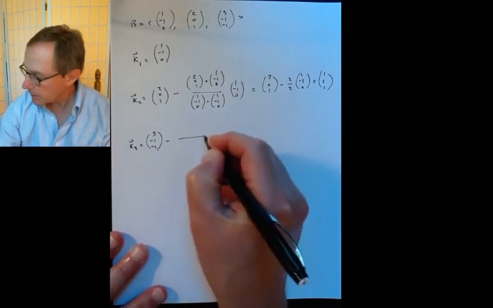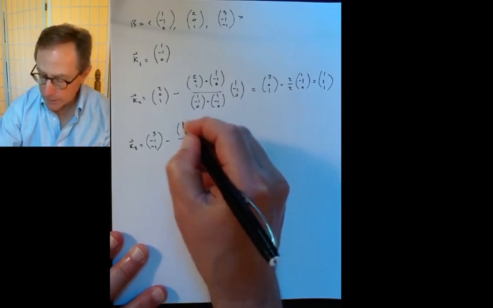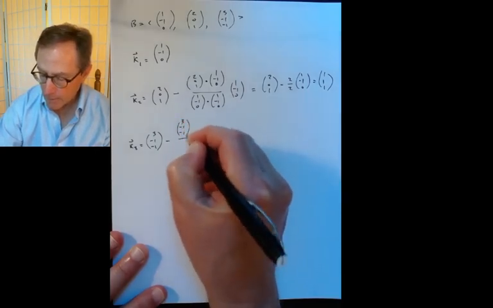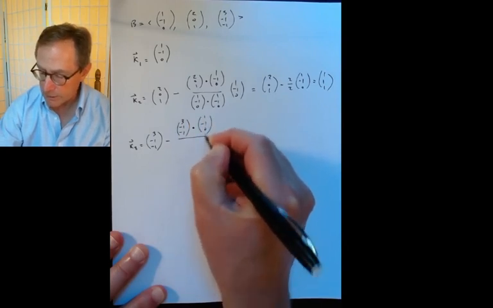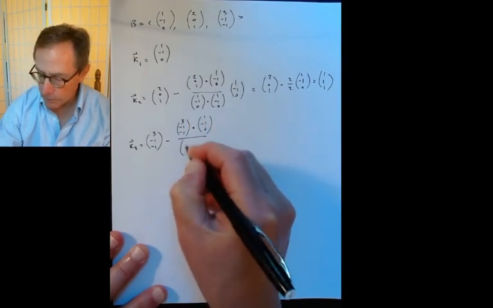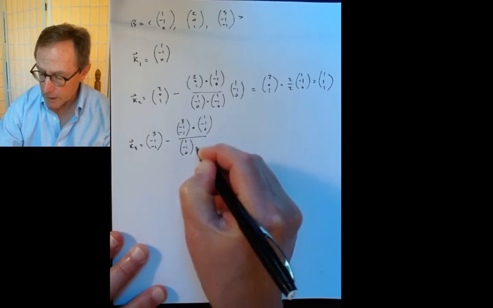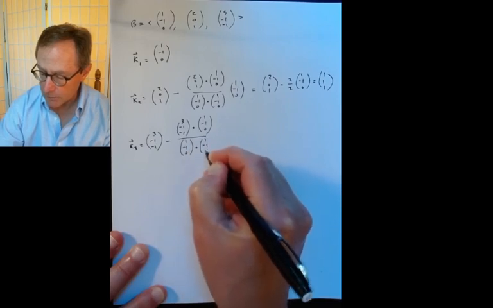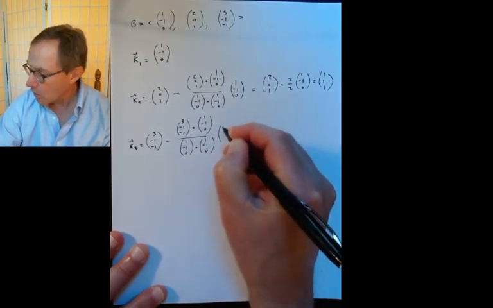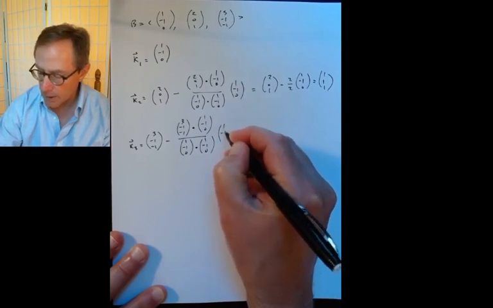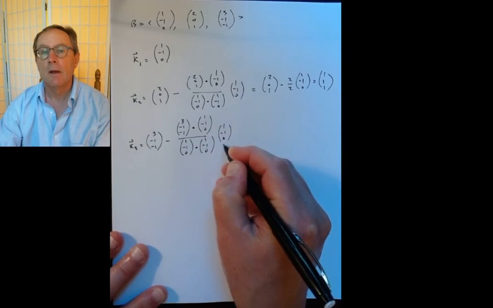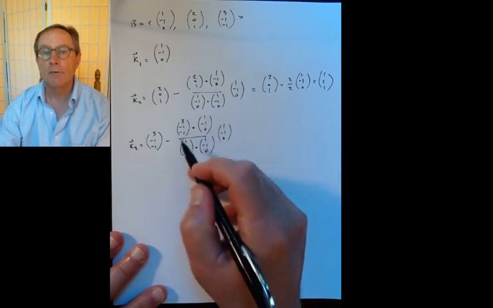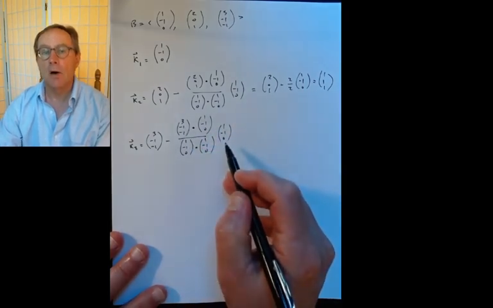That's 3, minus 1, minus 1 dot producted with 1, minus 1, 0, and on the bottom 1, minus 1, 0 dot producted with itself, all multiplied by the vector 1, minus 1, 0. So this is the scalar and this is the vector, the part of beta 3 that is in the direction of kappa 1.